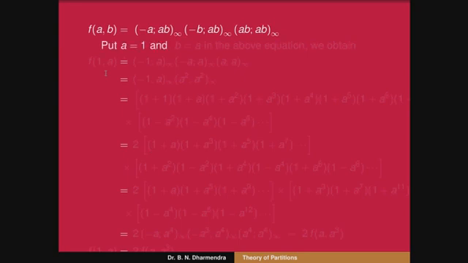Likewise, here we have (−a; a)∞ and (a; a)∞. When a plus and minus are there, as we already discussed in the previous classes, it can be written as (a²; a²)∞.